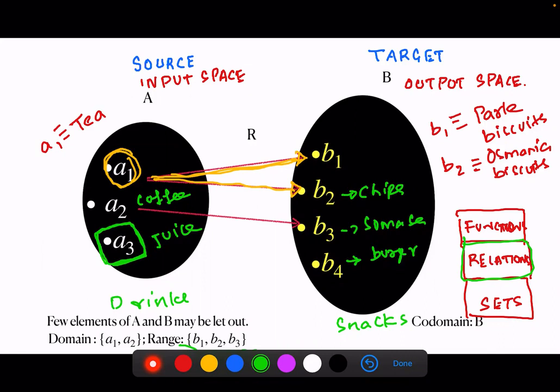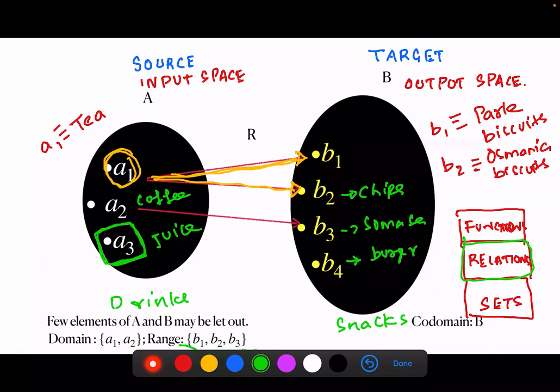Have questions? No, sir. Sir, can we also say codomain is domain union range, right? No. Codomain is not the union of domain and range. See, if you take the union of domain and range, you will get elements in set A also.